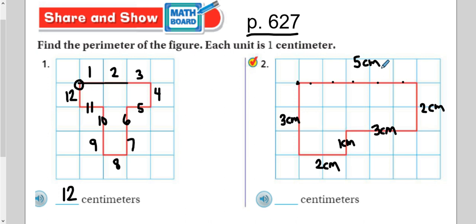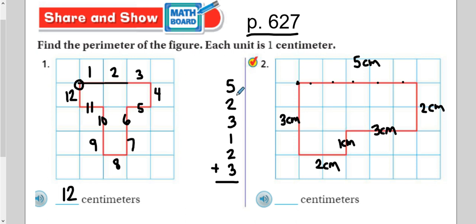So what we've got are a lot of numbers to add up. And we can just add that and say 5 and 2 and 3, 1, 2, and 3. So did I get all of the numbers? I've got 6 right here, and then 1, 2, 3, 4, 5, 6 this way.